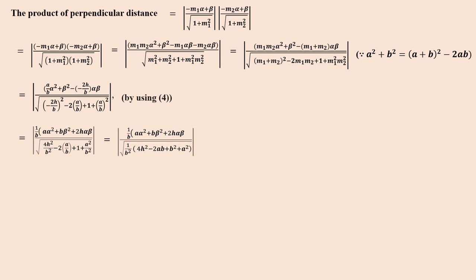Taking the numerator as it is, in the denominator we take 1 by b square outside the square root, it will become 1 by b root of 4h square. The remaining term, a square plus b square minus 2ab, the formula is (a minus b) the whole square.